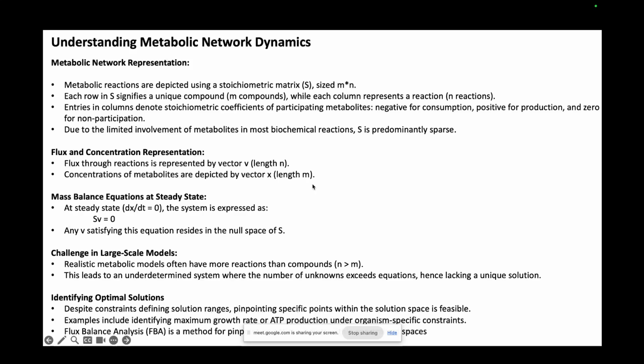Due to limited involvement of metabolites in most biochemical reactions, S is predominantly sparse. That is intuitive, because you have, say for example, 50 reactions going on inside a particular metabolic network, but you have 100 or 200 metabolites, right? So all of the metabolites will not be involved in all of the reactions.